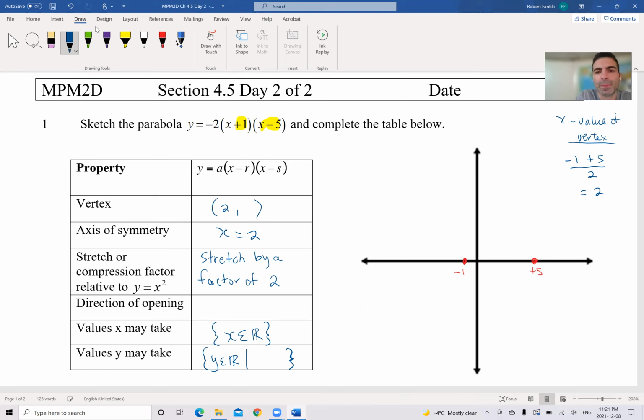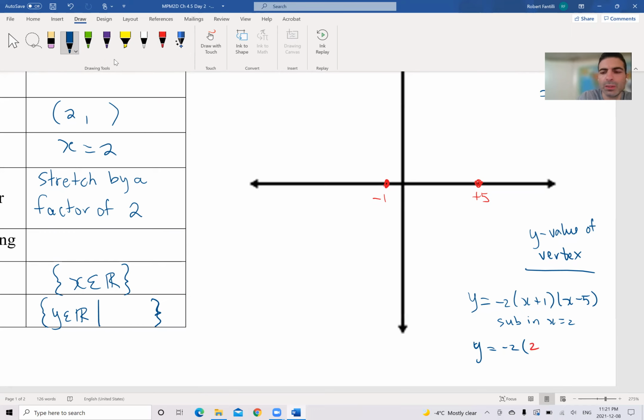I'm just going to take my equation, Y equal -2 times X plus 1, X minus 5, and sub in 2 for X. So I get Y equal -2, times 2 plus 1, and 2 minus 5.